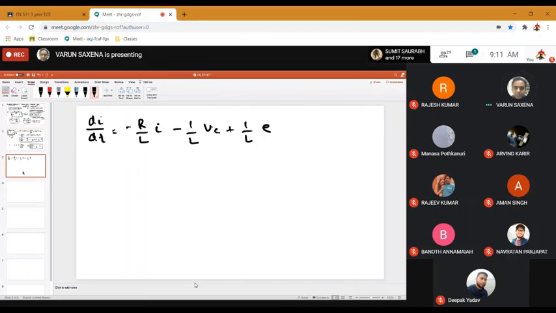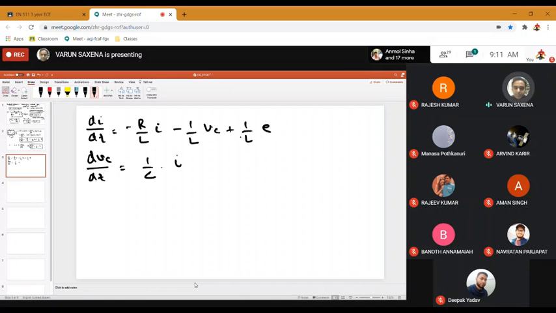Then I have dVc over dt is 1 upon C times i. Now these are the two equations that have the form differential of the state variable on the left hand side and inputs and the state variables on the right hand side.